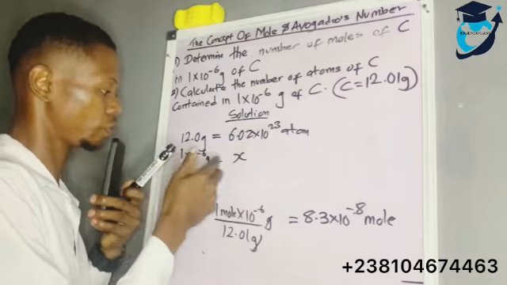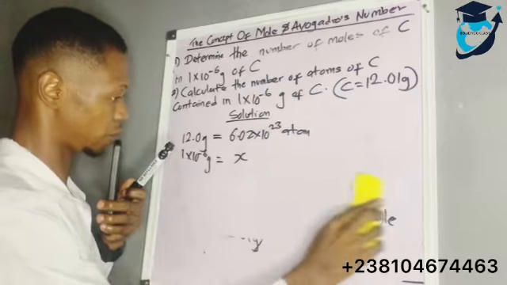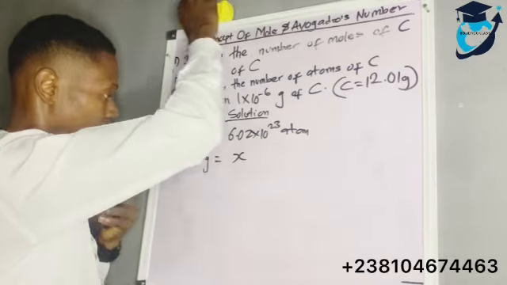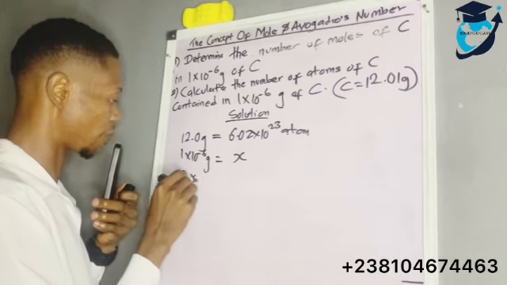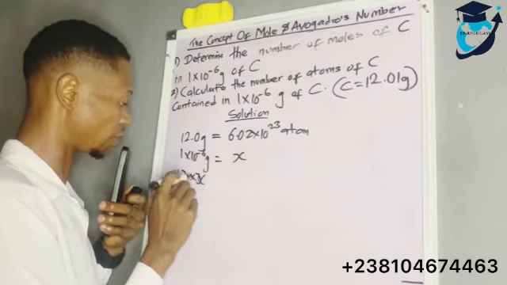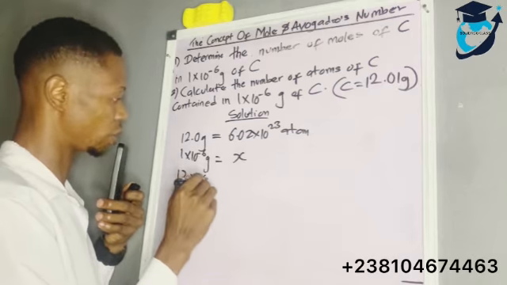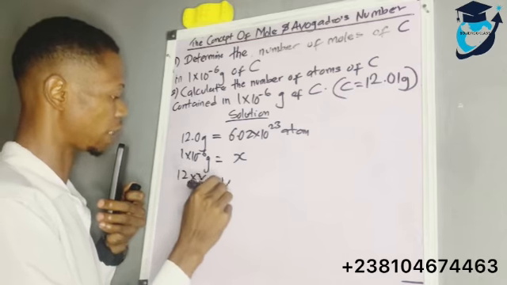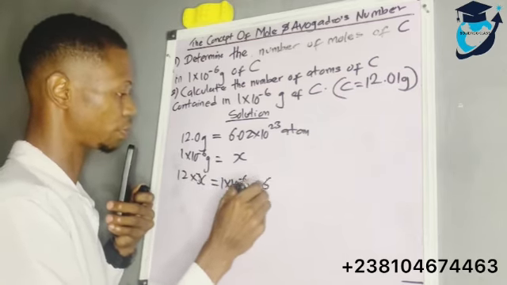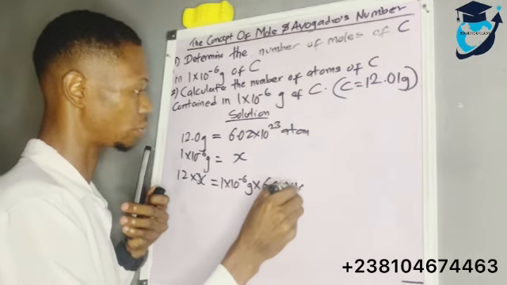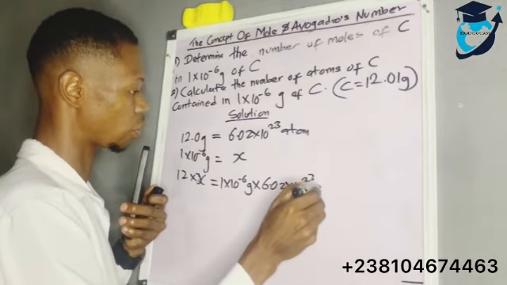Alright. So at this stage now, we need to cross multiply. If we cross multiply, we will get 12 times X is equal to 1 times 10 raised to the power minus 6 gram times 6.02 times 10 raised to the power 23 atoms.